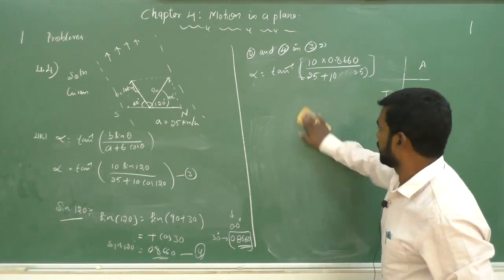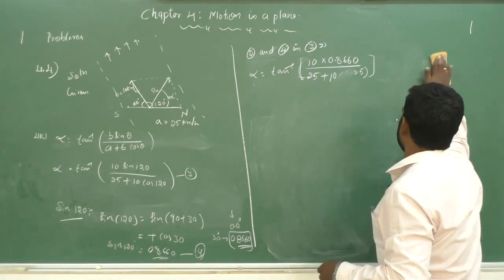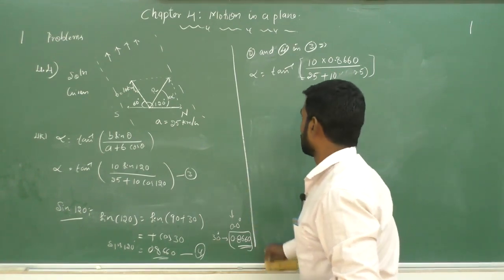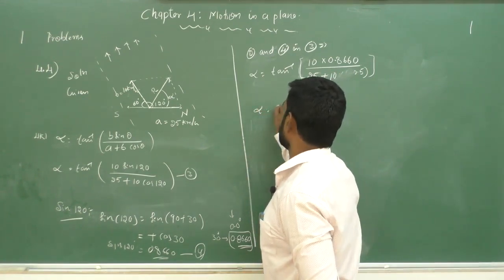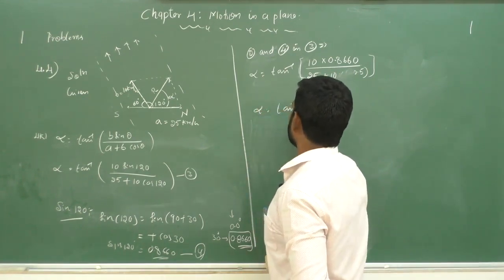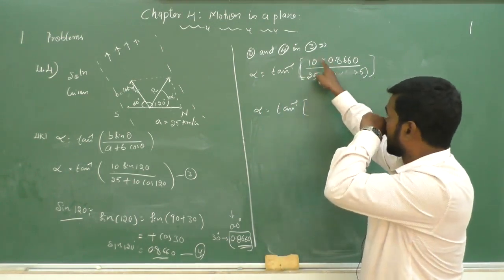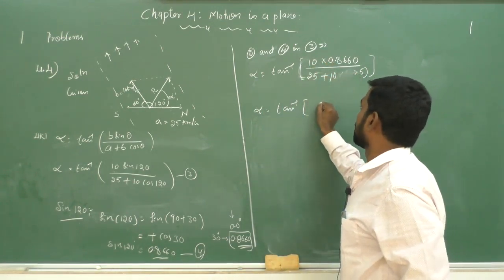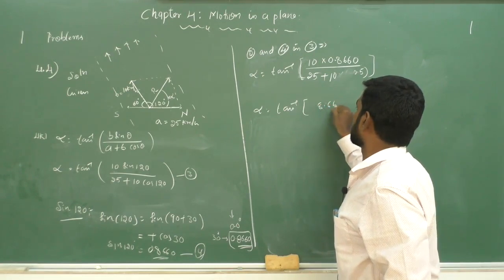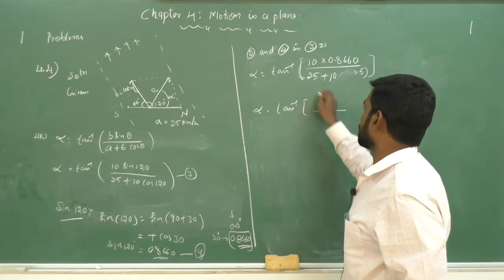Now simplify this. Here alpha is equal to tan inverse of 10 into 0.8, that means 8.660, same here 25.